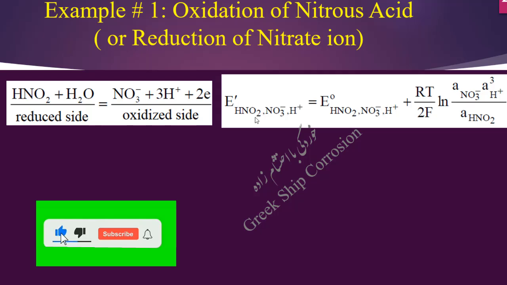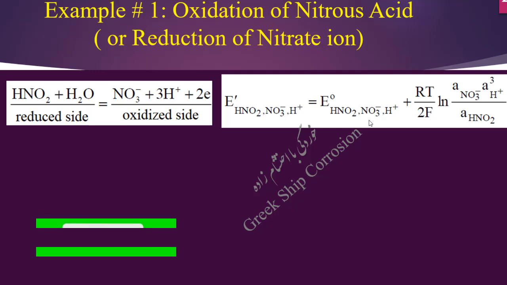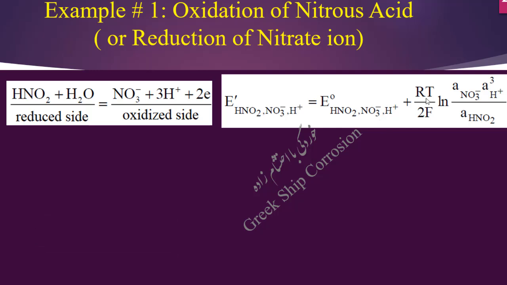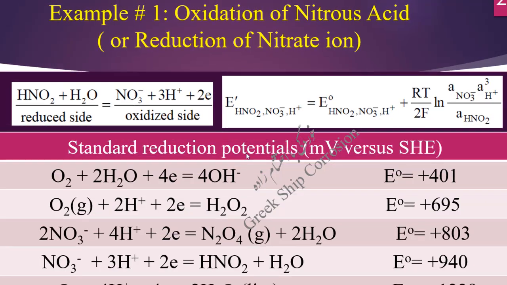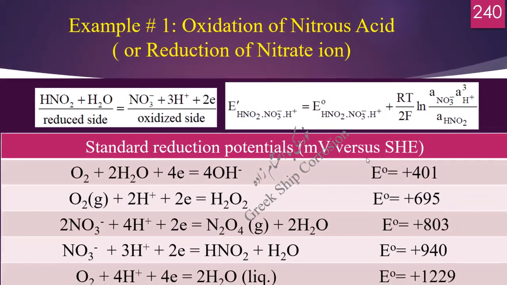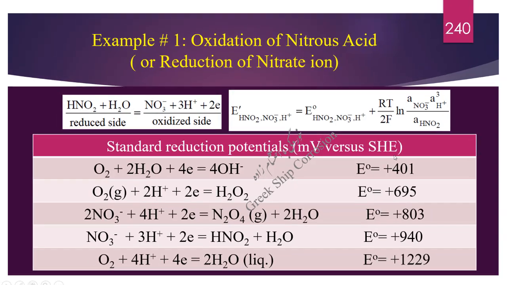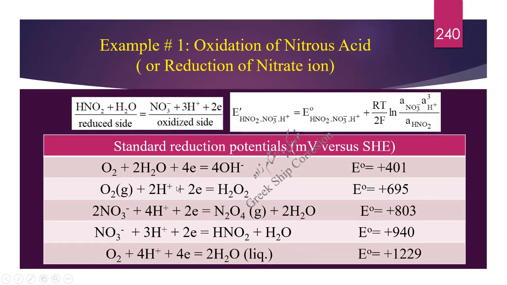The non-standard potential of this half cell equals the standard potential of this half cell plus RT over 2F times ln of the activity of NO3 minus times the activity of H plus raised to 3 over the activity of HNO2.